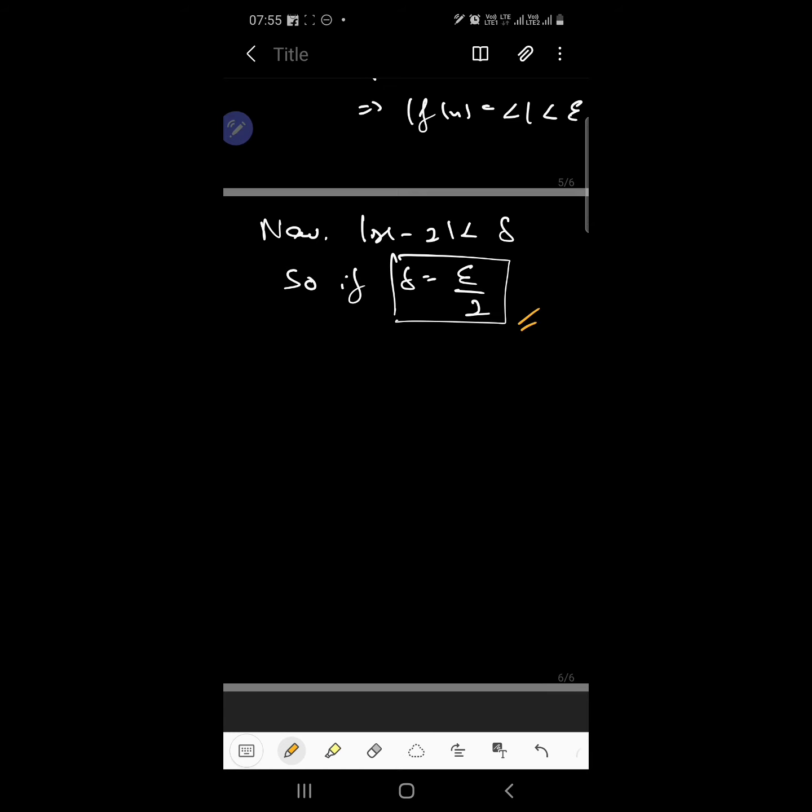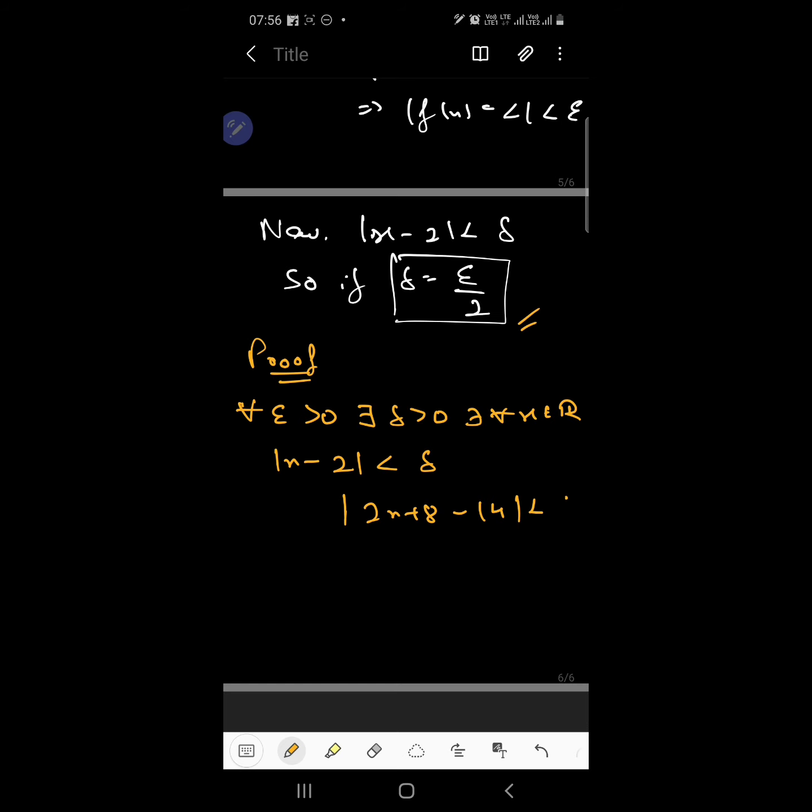Now see how we will set the proof. First write the statement: for all epsilon greater than 0, there exists some delta greater than 0 such that for all x belonging to the set of reals, mod of x minus 2 less than delta implies mod of 2x plus 8 minus 12 is less than epsilon.